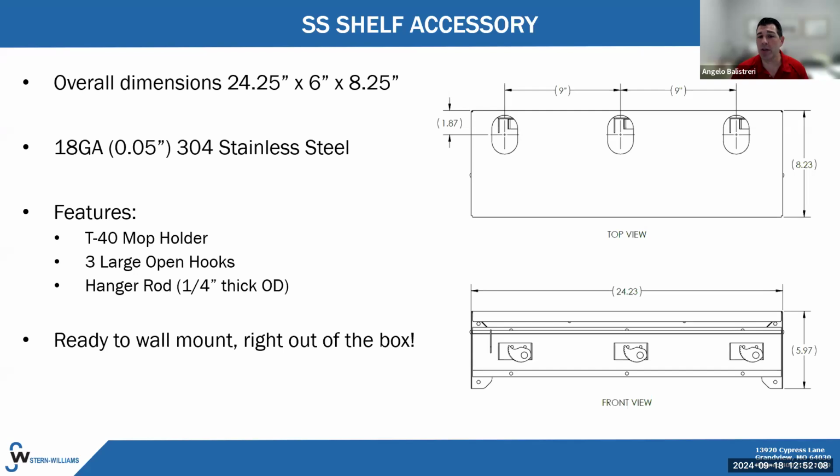You're able to take your mop and stick it straight up through there and hang it directly over your mop basin, and the mop handle will protrude through the shelf itself, allowing it to still be used for the same applications. It just gives additional utility for this particular application.